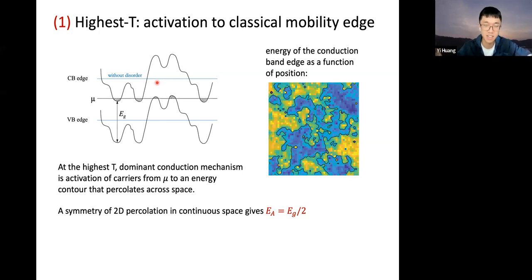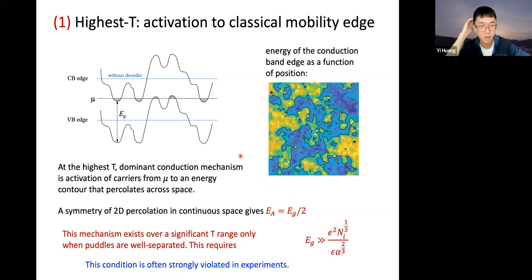This is the standard percolation thinking. And by thinking about the 2D percolation problem a little more, you can find that the symmetry of the 2D percolation problem gives such an energy level exactly the same as half of the band gap.